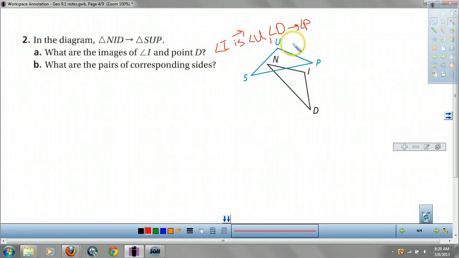What are the pairs of corresponding sides? This works the same way as similarity, guys. Now these are congruent.